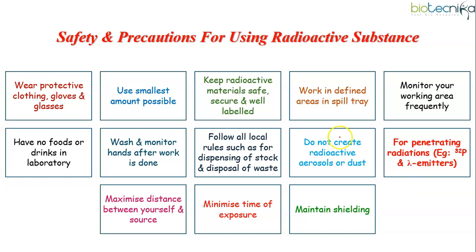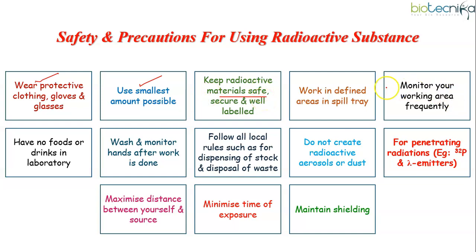While handling the radioisotopes which emit ionizing radiations, it's very important that one should wear protective clothing, gloves and glasses. And it's better to use the smallest amount of radioisotope possible. The radioactive materials have to be kept safe, secure and well labeled.